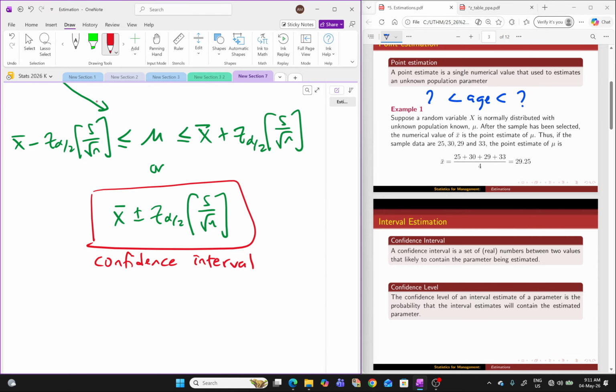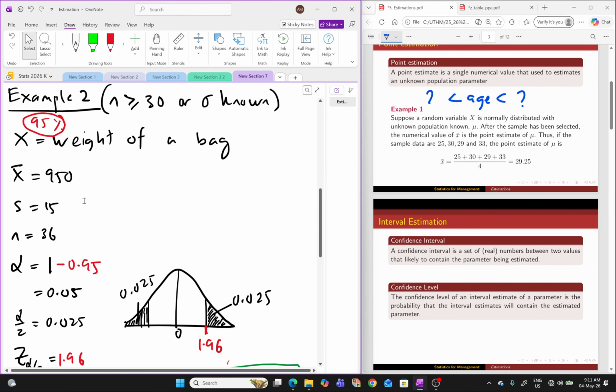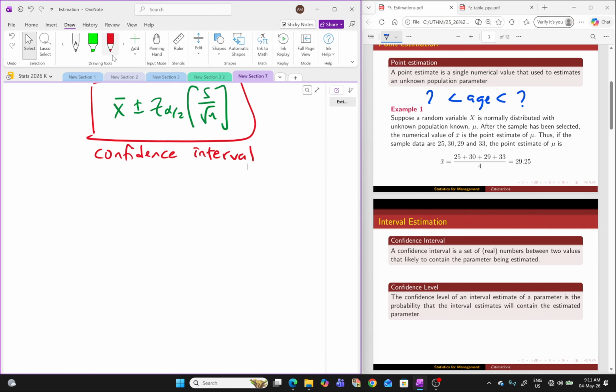Now, if I want to compute this, what is my x bar here? That would be 950. This one is what? 1.96, isn't it?